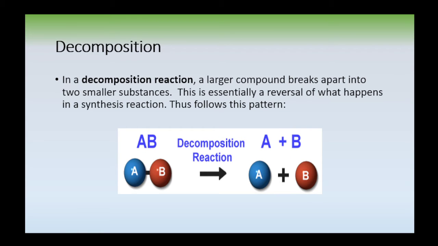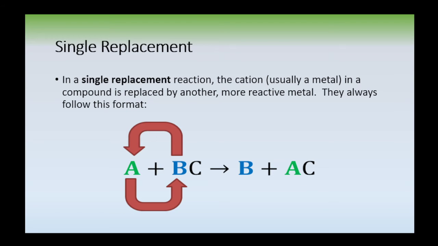Decomposition reactions, however, are essentially a larger compound as your reactant that breaks apart into smaller substances, usually two, maybe more though. This is essentially the reversal of what happens in the synthesis reaction and follows the pattern that you can see below. AB, arrow, A plus B. Oops, went too far, guys.